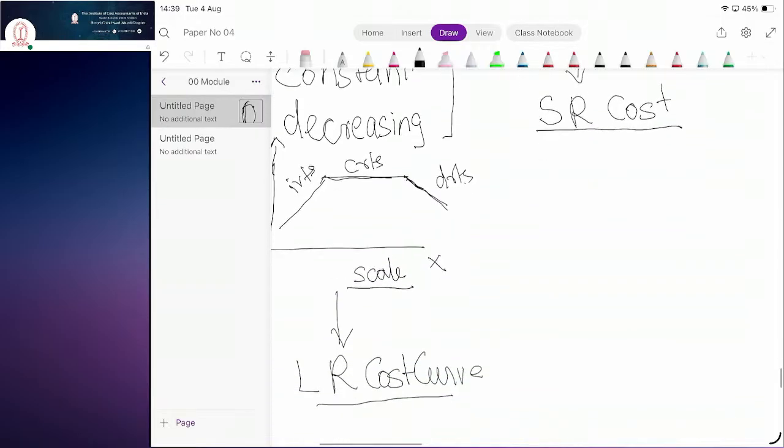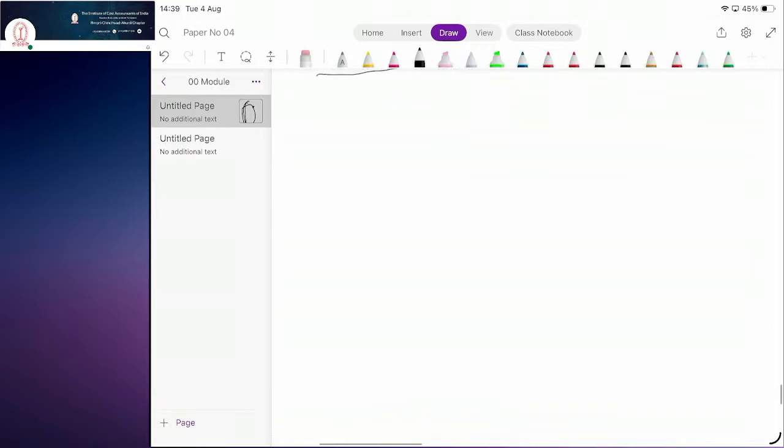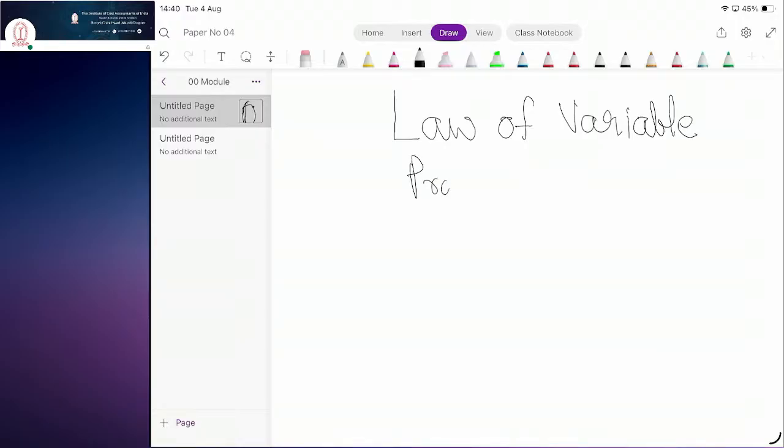To describe the law of variable proportions, I need to do the following. Why is this called the law of variable proportions? I will tell you immediately.